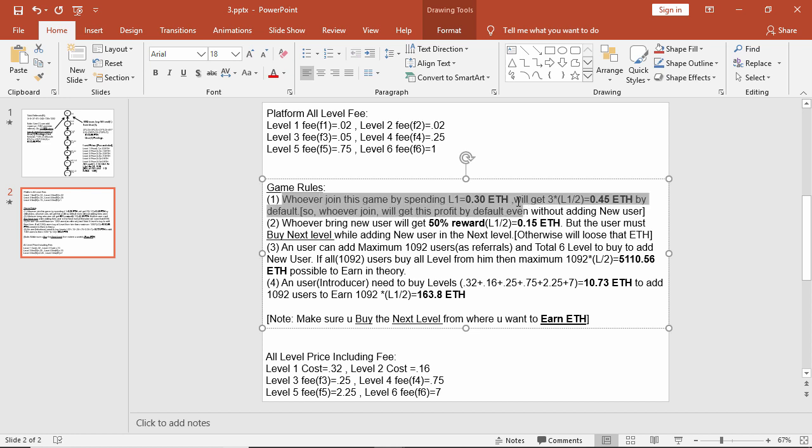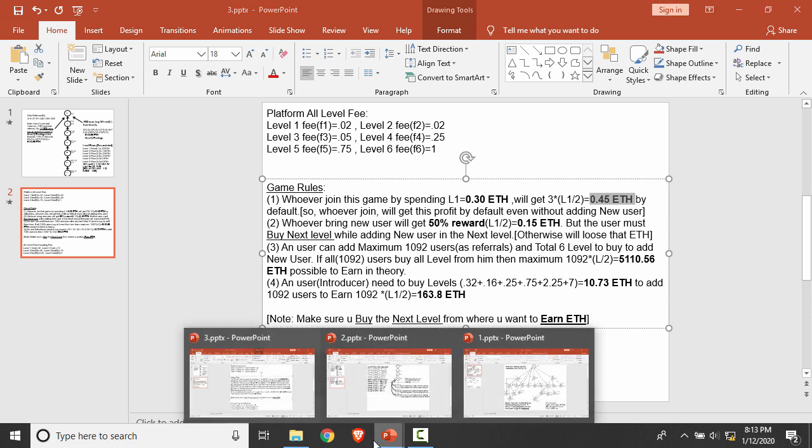Just tell one thing: anyone who spends this 0.30 Ethereum to join this game will get 0.45 Ethereum back by default. That means if any user joins using this 0.30 Ethereum, they will get 0.45 Ethereum back. Let me prove this one.